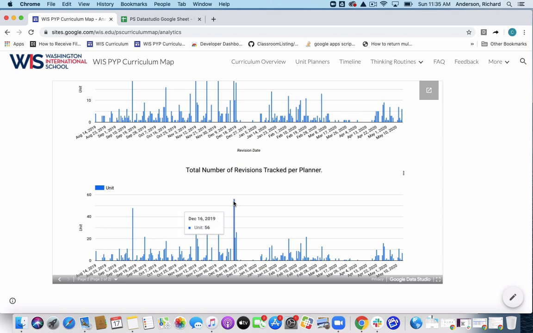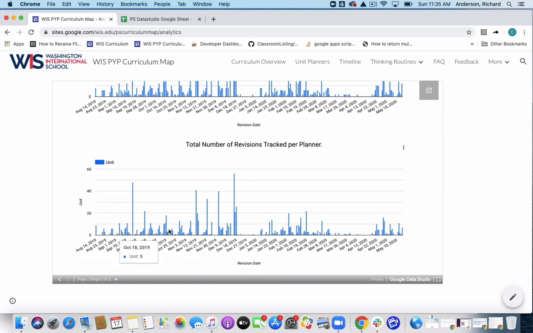Not the detailed revisions in the revision history, but sort of the main snapshots of a document. So you can see there's good constant activity all throughout the year, which is exciting to see. And I don't believe that was the case with some previous platforms that we had been using.